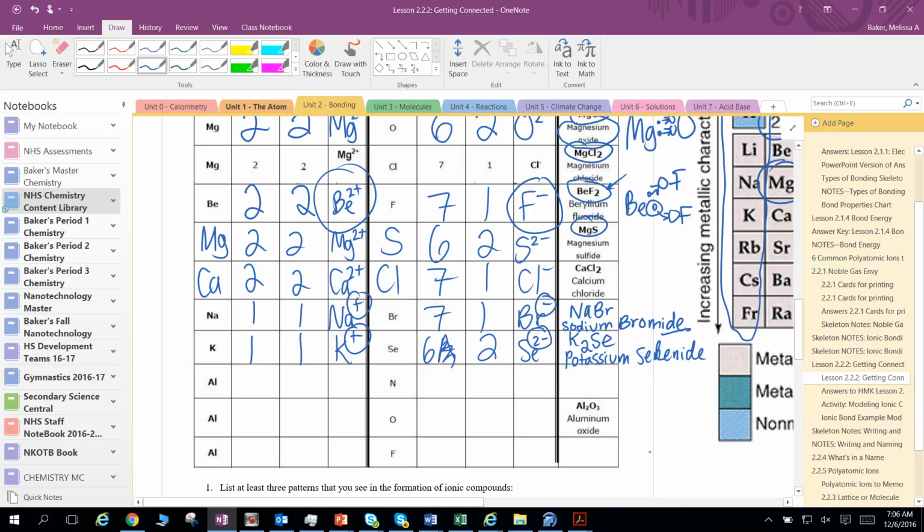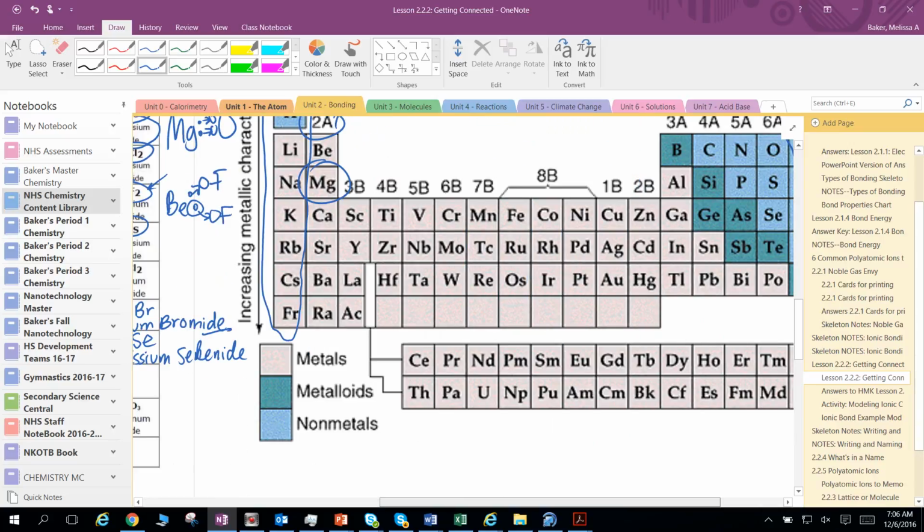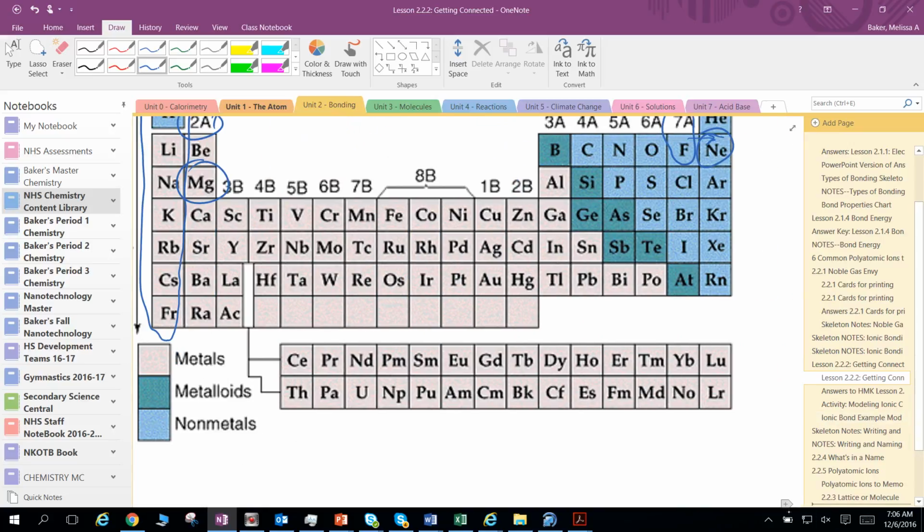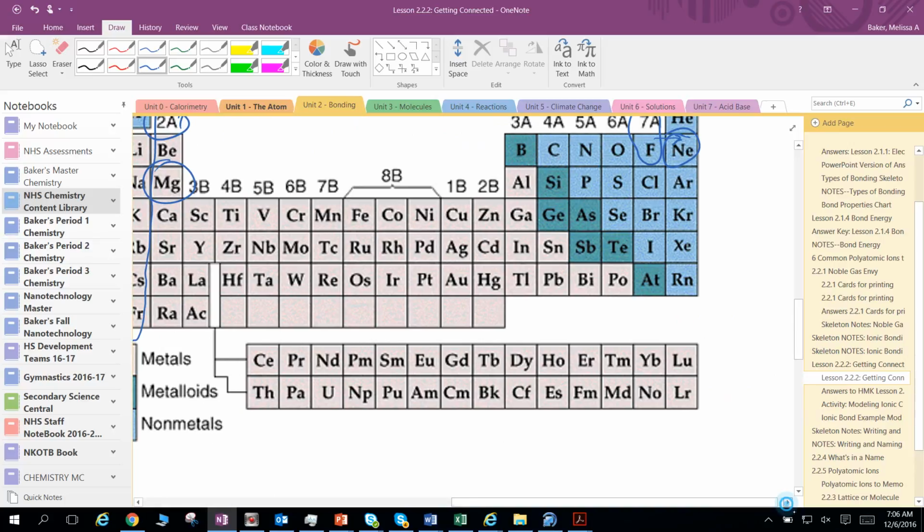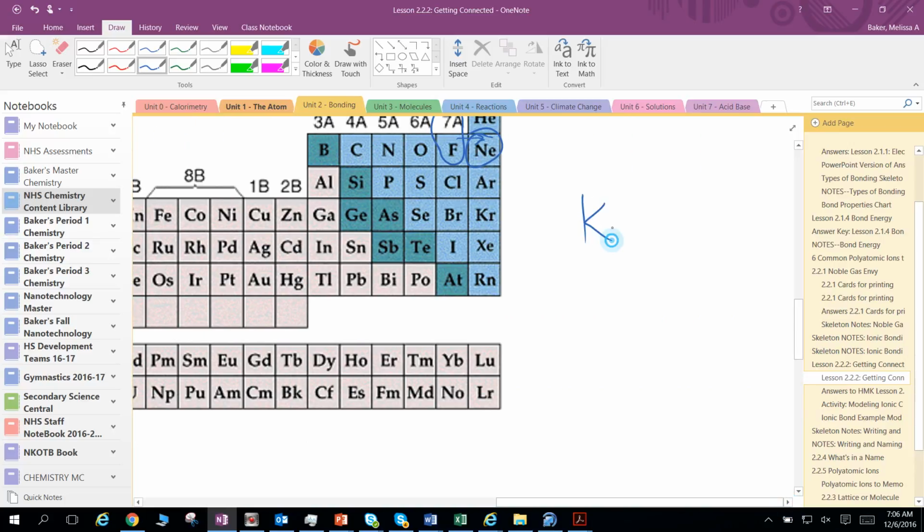A cheat way to do this is called the crisscross. Go over quick. So, for example, if you're trying to write out the compound for potassium selenide, if you start by writing the charges above each, ignore the charge and crisscross the numbers. So the 2 goes here, the 1 goes here, and you don't need to keep that 1 there, so it becomes K2Se.